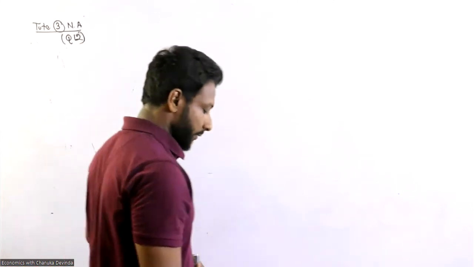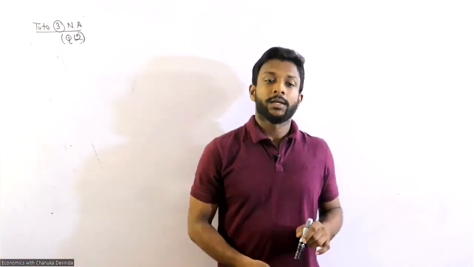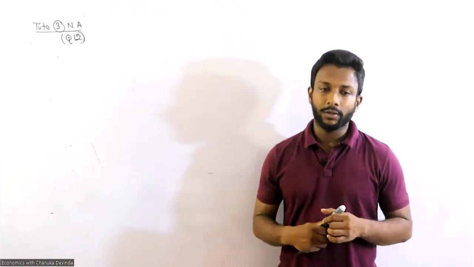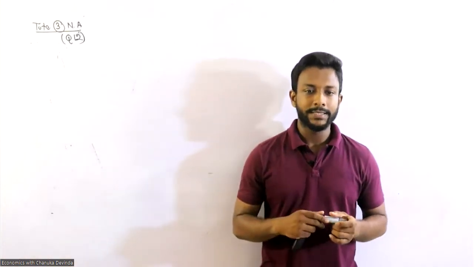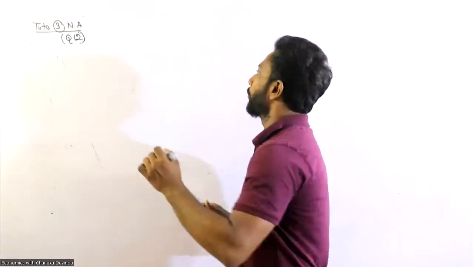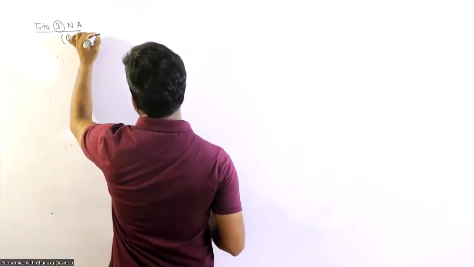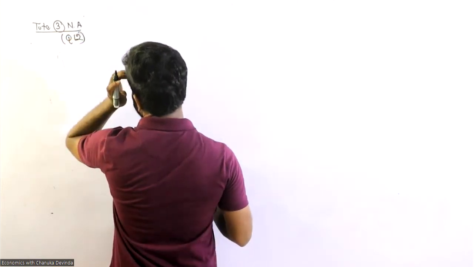Right, last but not least. So what are the requirements? First one, gross value added at basic price. All right. So we'll see. We know what the components of gross value added at basic price are.